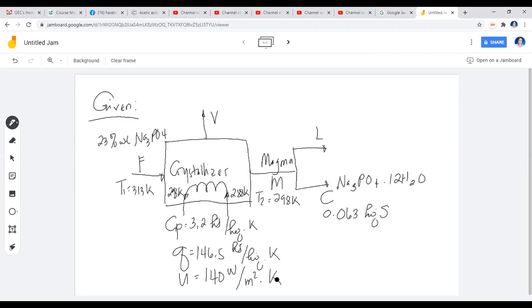You are asked to determine the length of the crystallizer that will produce this much of crystals, in the form of this hydrated sodium phosphate.